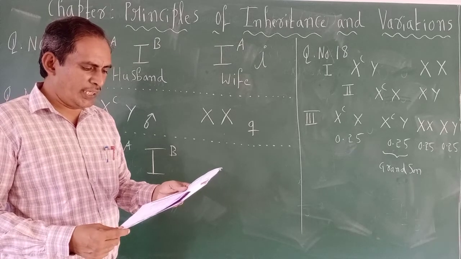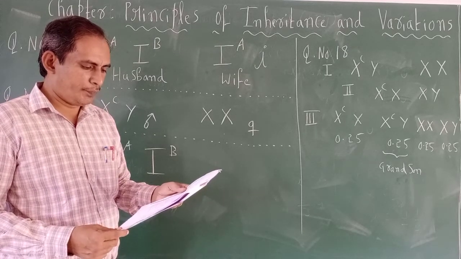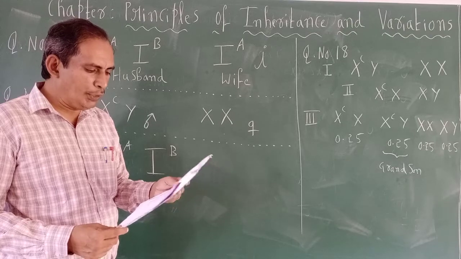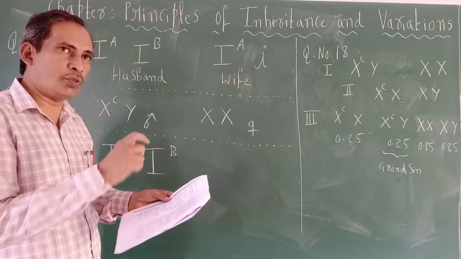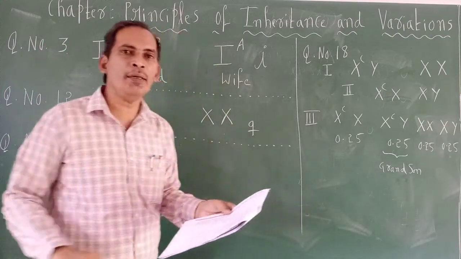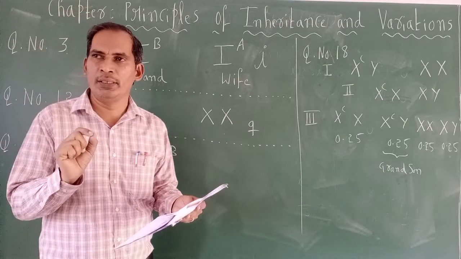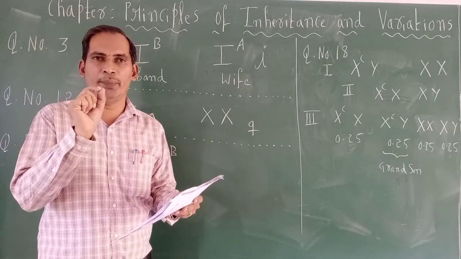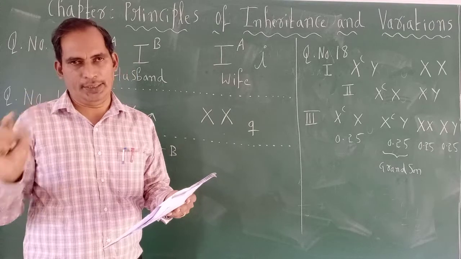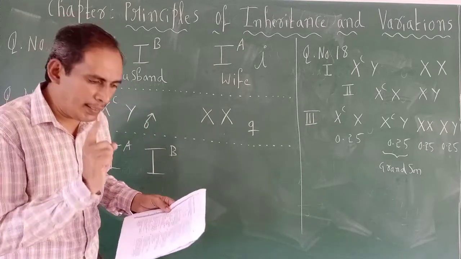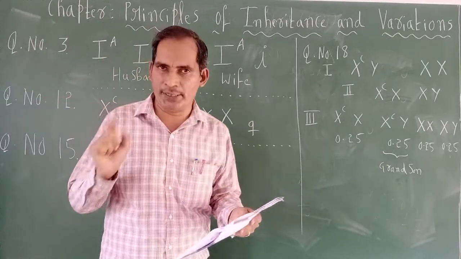In his classic experiments on pea plants, Mendel did not use... this question, a similar question has come earlier. So you should be very clear with the characters studied by Mendel on pea plants. So he studied 7 main characters of pea plants.